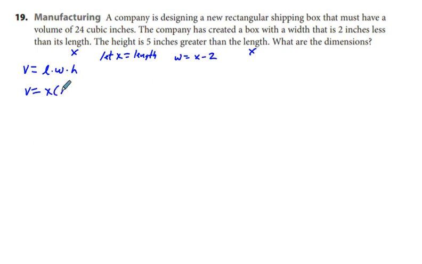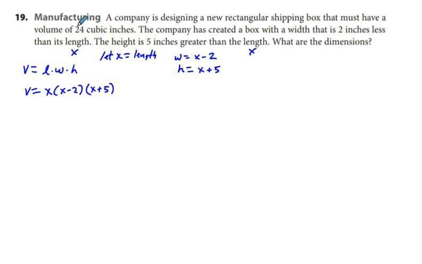So x times quantity x minus 2. And then we have the height is 5 inches greater than the length. So height equals x plus 5. So that's what we have so far. But let's go ahead and work this out.